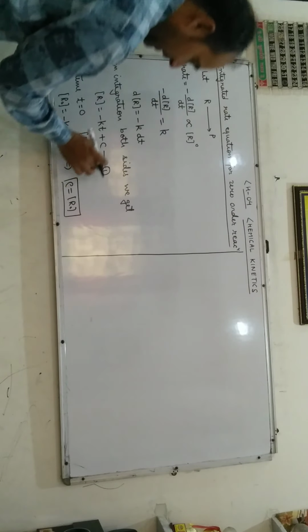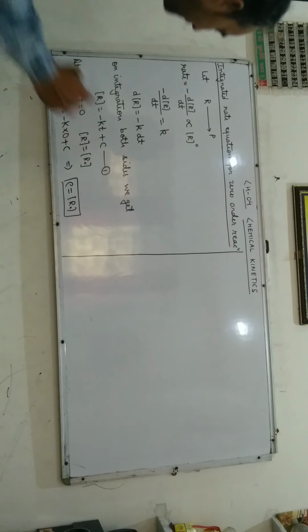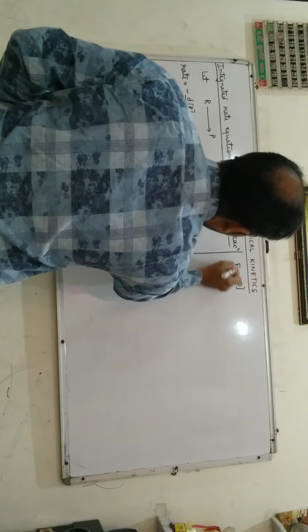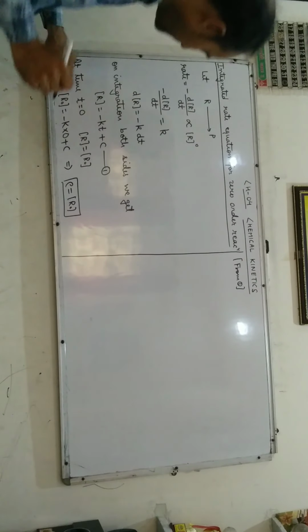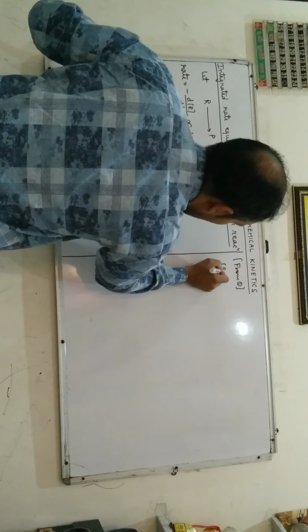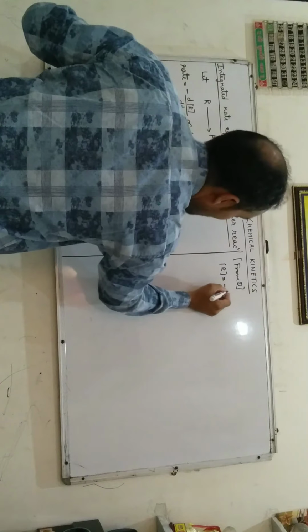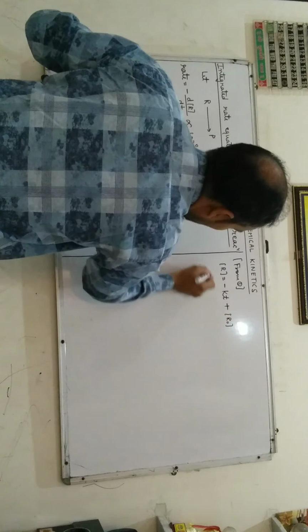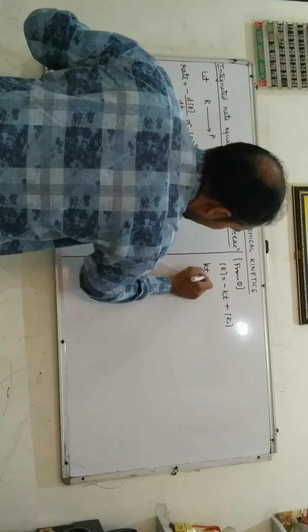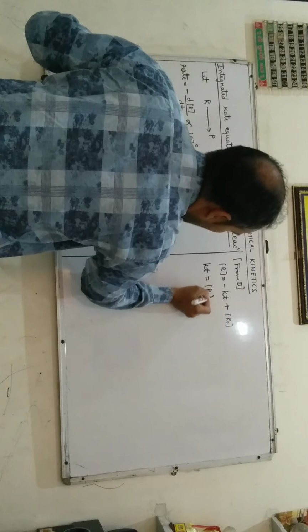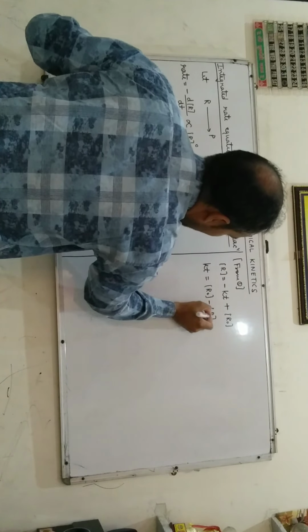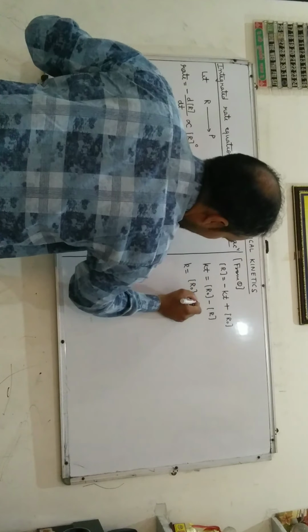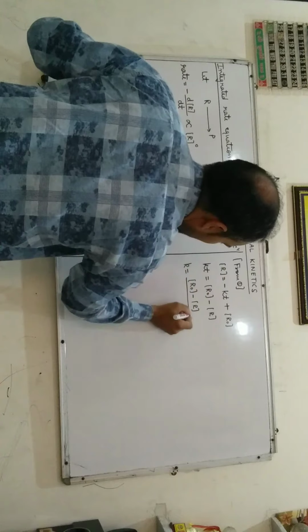Putting the value of C in equation number 1, we get R is equal to minus Kt plus R naught. Now transposing Kt to the left hand side, we get R naught minus R. Thus the value of K comes out to be R naught minus R upon t.